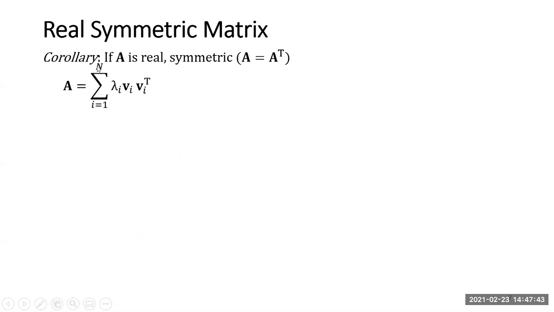A equals the summation, i equals 1 through n, of lambda i vi vi transpose. So we are expressing this matrix A as a sum of n terms. Each term is lambda i vi vi transpose. Using the eigenvalues and eigenvectors of A, we express A as a summation. vi vi transpose will be a square matrix. vi transpose vi will be a scalar.